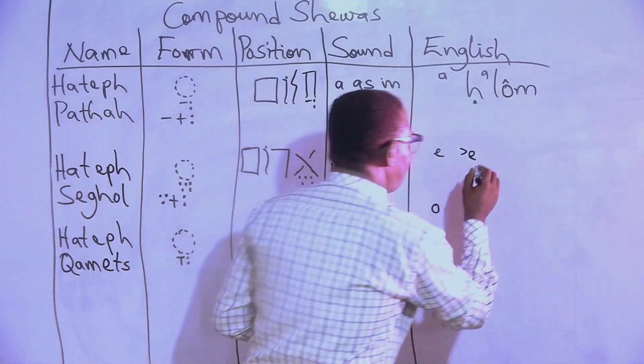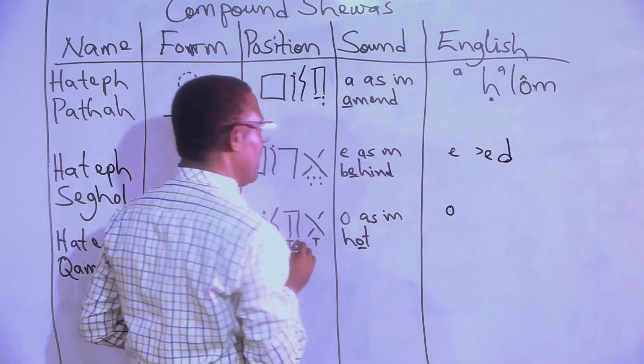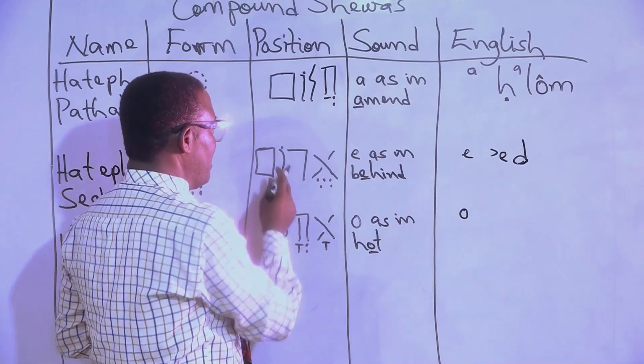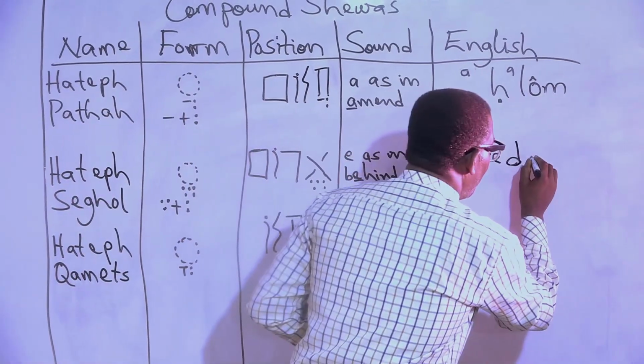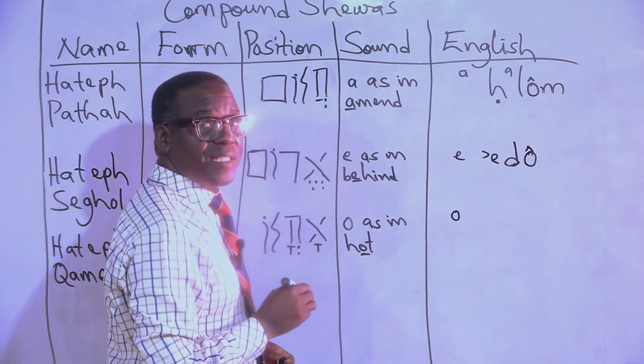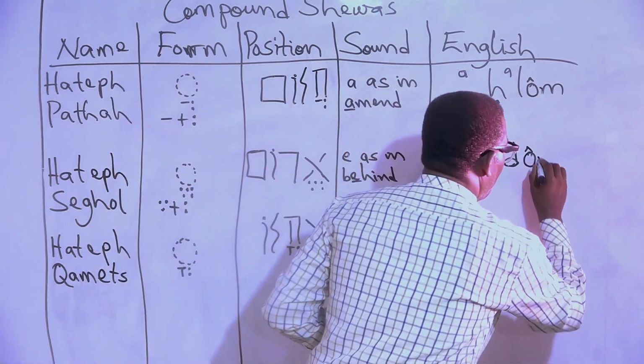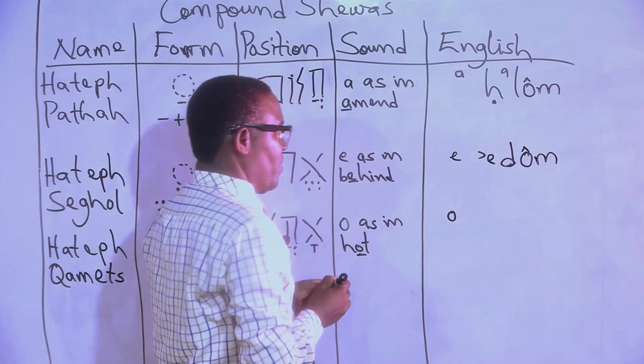Then we have the Dalet following, which is like our English D. Then we have full Holem, which is represented like this in English. Then we have Mem, which is our M.